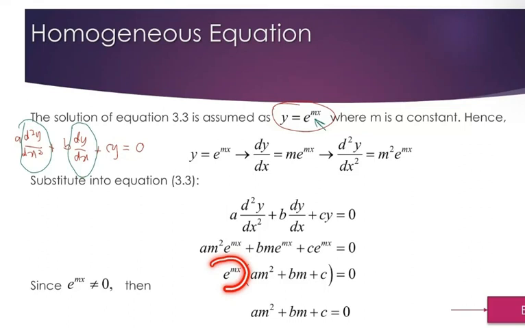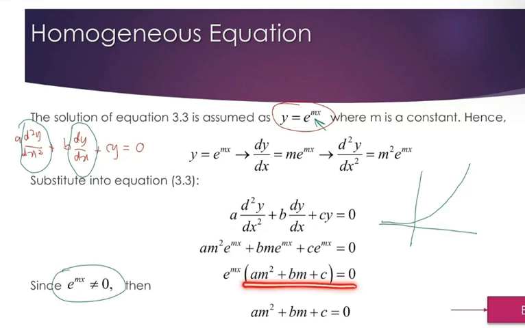Since the exponential cannot be 0, if you plot the exponential graph, the function never touches 0. So since e to the power mx cannot be 0, in order for this equation to be true, this factor cannot be 0.